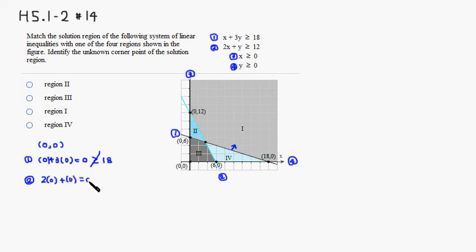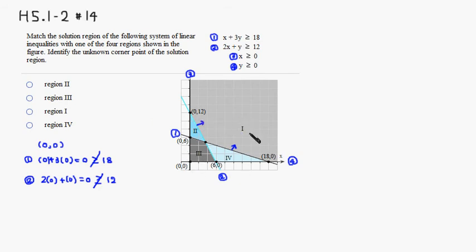Again, this is 0. Is this greater than or equal to 12? Again, it's not. So here's the second borderline. We have to pick the side that does not contain 0, 0, which is that side.